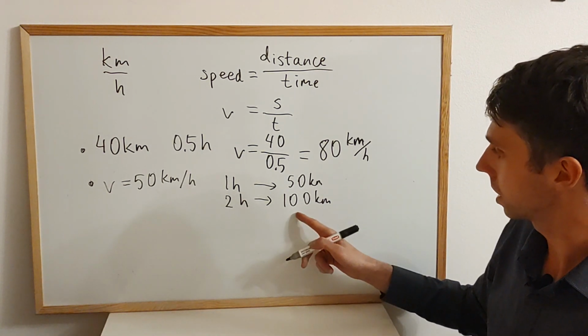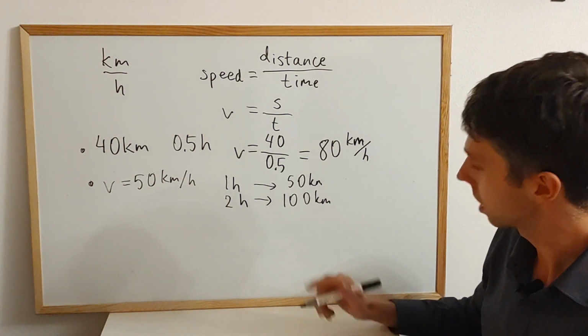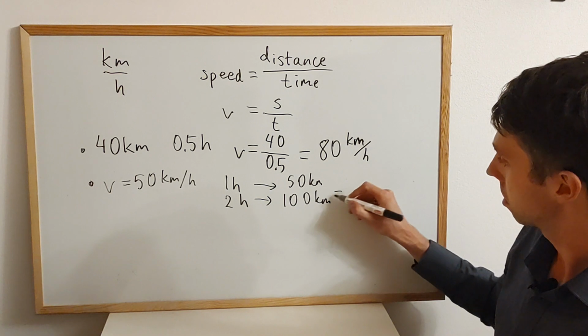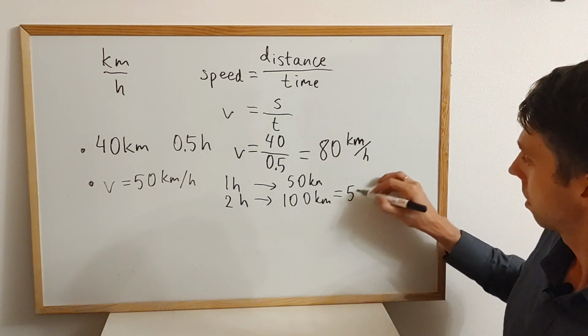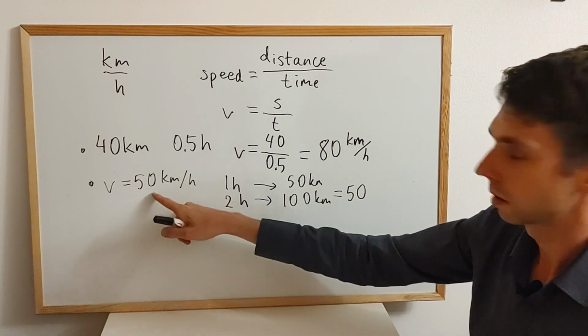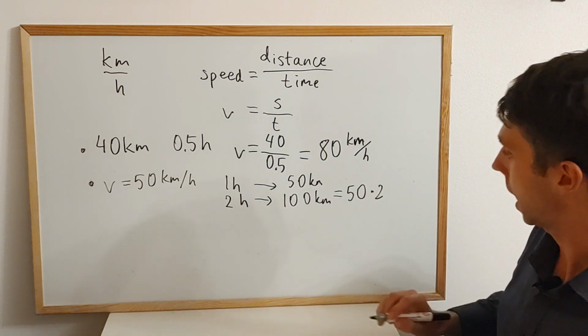So for example, let's take this. Distance 100 kilometers is obtained if what you really do, you multiply 50, its speed, by 2, which is time.